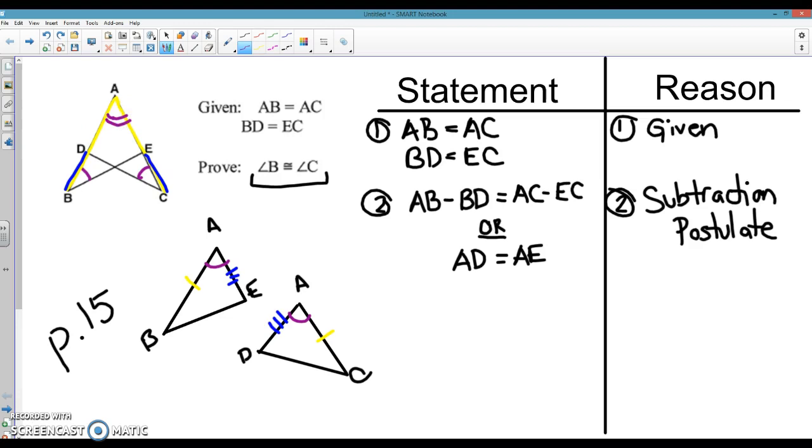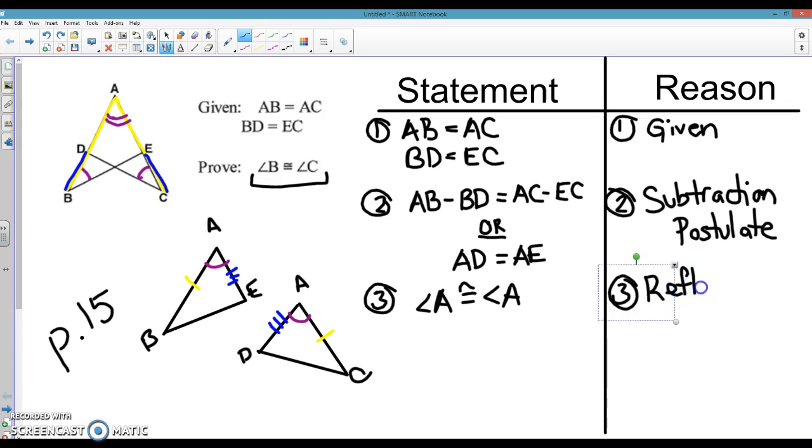In order to highlight this idea of sharing, we're going to say that angle A in the first triangle is going to be congruent to angle A in the second triangle. And the reason for that is because of the reflexive property.